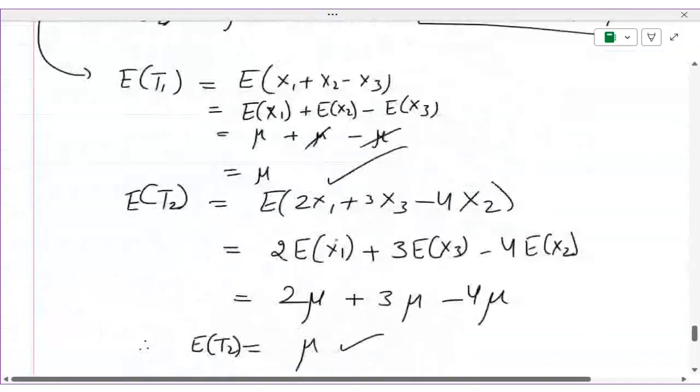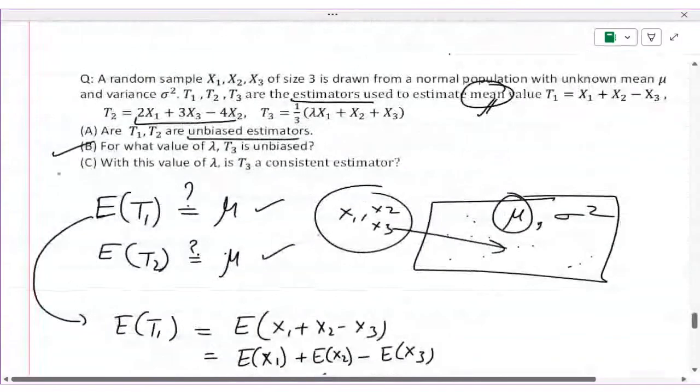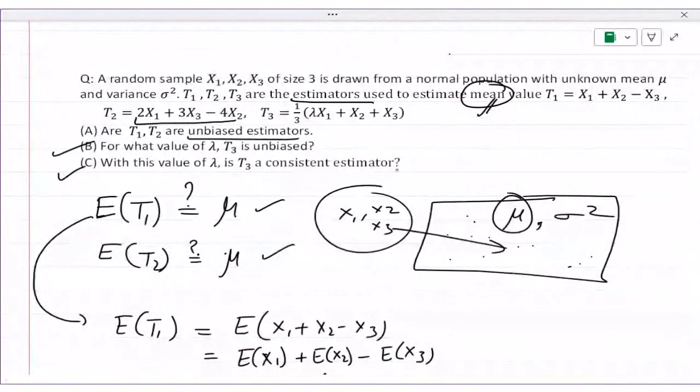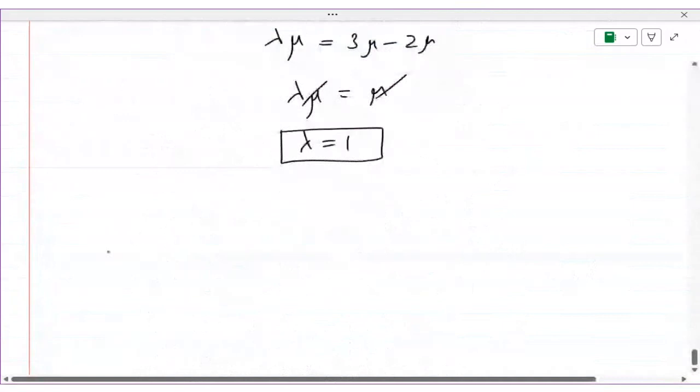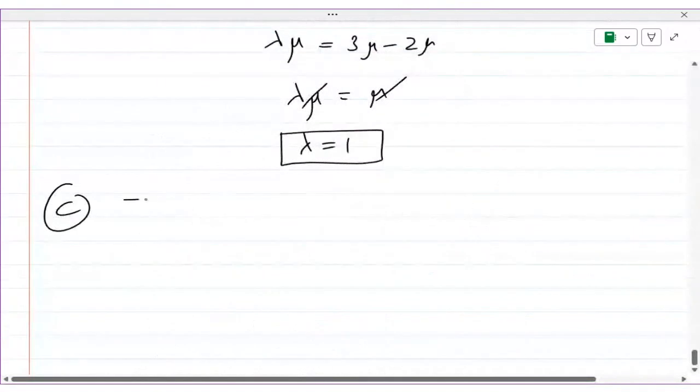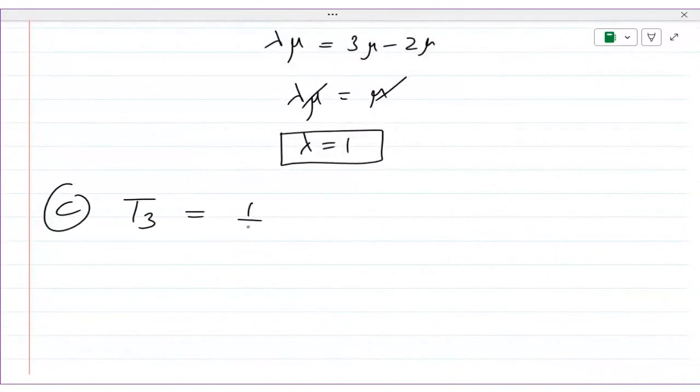Now we will move to third part. With this value of lambda, is T3 a consistent estimator? So like we have checked that the value of lambda is 1. So now we'll put 1 here. If you put 1 here, then is it consistent or not? So C part is easy. If you put lambda equal to 1, the T3 will become x1 plus x2 plus x3 divided by 3.